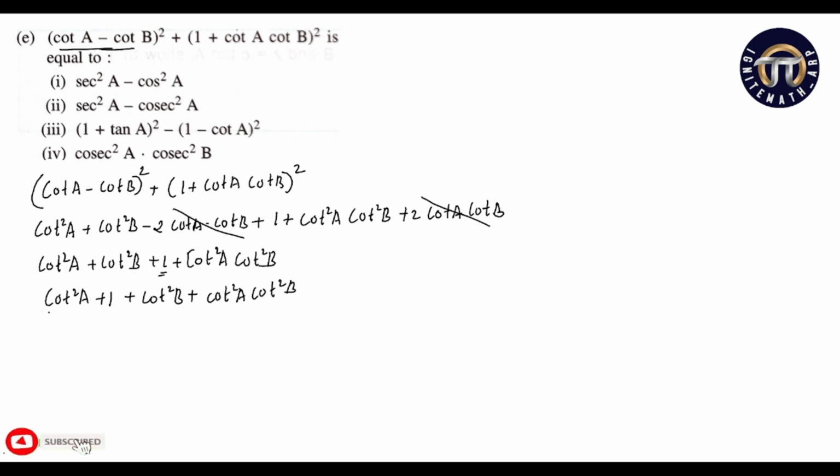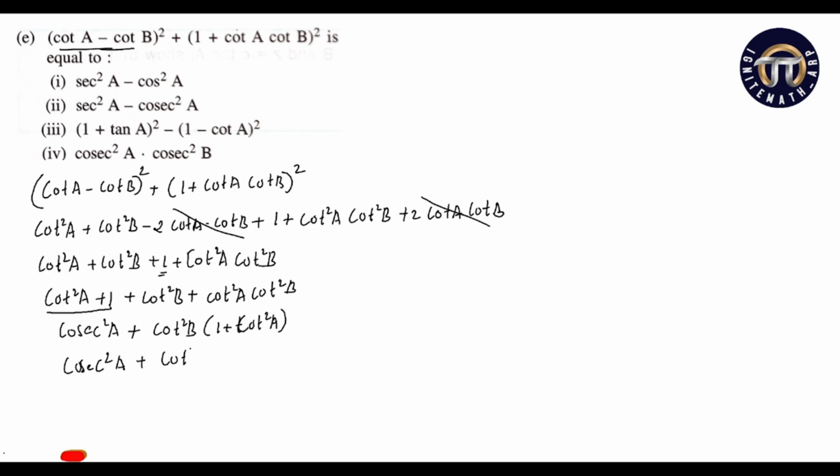So here you know that 1 plus cot square A is cosecant square A, plus, here I will take out cot square B common, 1 plus cot square A will remain inside. So here cosec square A plus cot square B, and 1 plus cot square A is nothing but again cosecant square A. So again I can take out cosecant square A common.